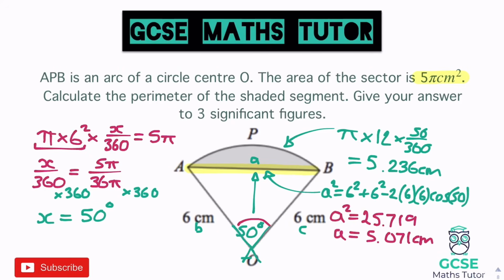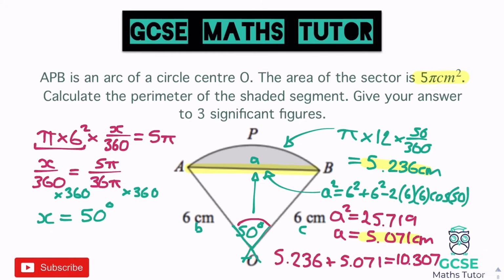So we've got our 2 lengths that we need now. We've got 5.236, which is the length of the arc, and 5.071, using the cosine rule to get the length of A to B, and then we can add those together to get the full perimeter. So 5.236 plus 5.071, and that's 10.307.